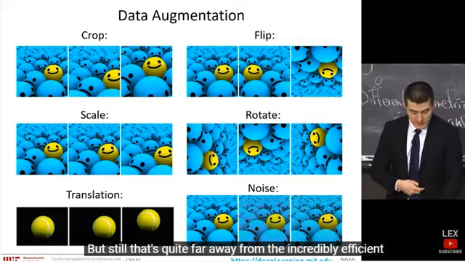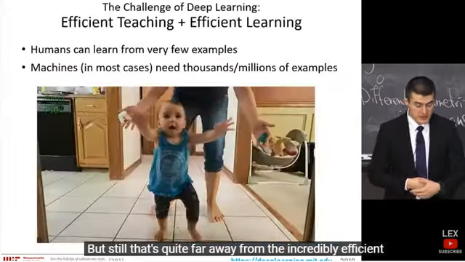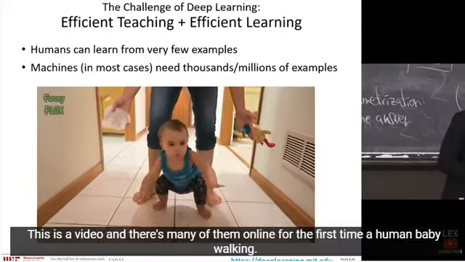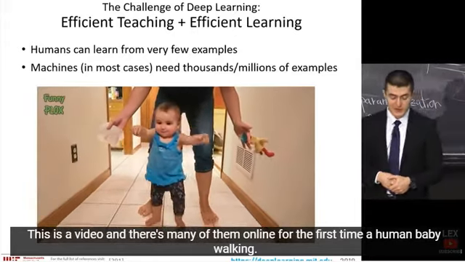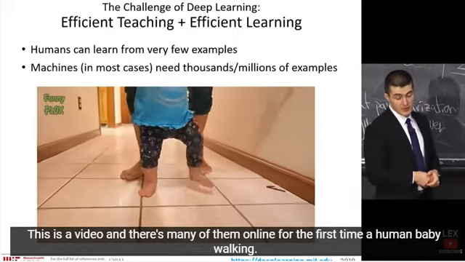But still, that's quite far away from the incredibly efficient teaching and learning that humans do. This is a video, and there are many of them online, of a human baby walking for the first time.